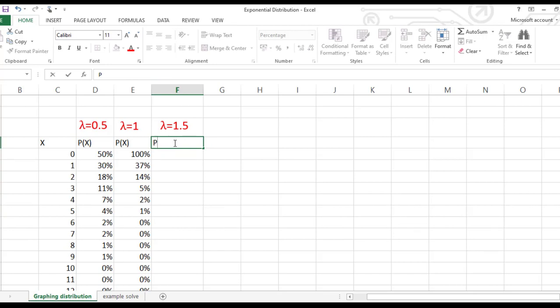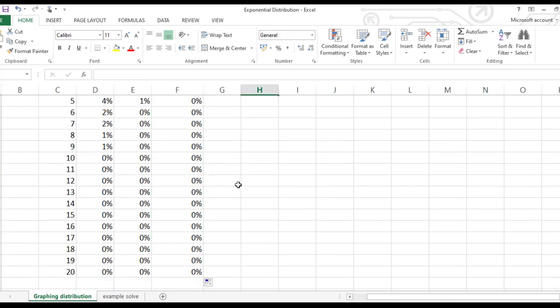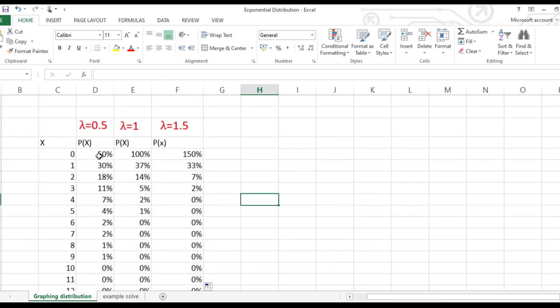Again I am calculating the probability for the case when the exponential parameter is 1.5. Okay, so I have calculated the corresponding probabilities for different values of x.